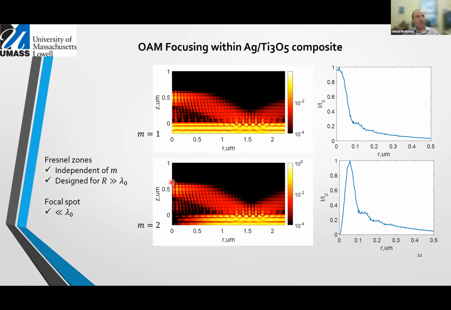There we see Purcell factors of about 100, and more importantly, we see about 10% of light being extracted from nanoscale all the way through the funnel to macro scale. And we hopefully are going to see similar efficiencies here.